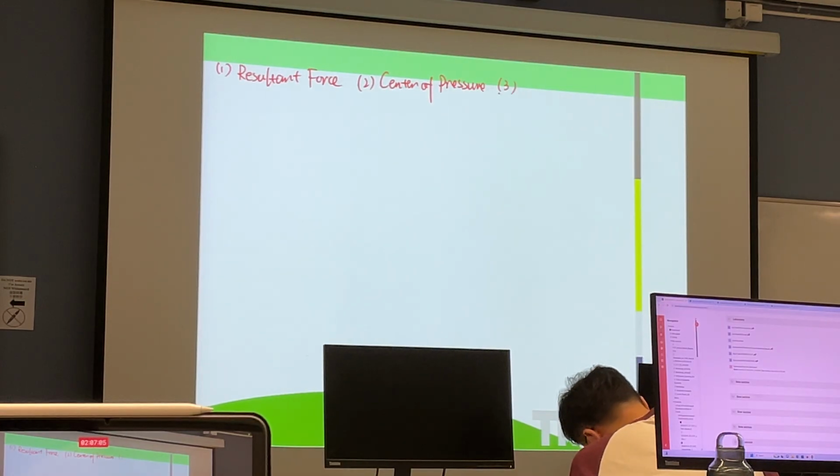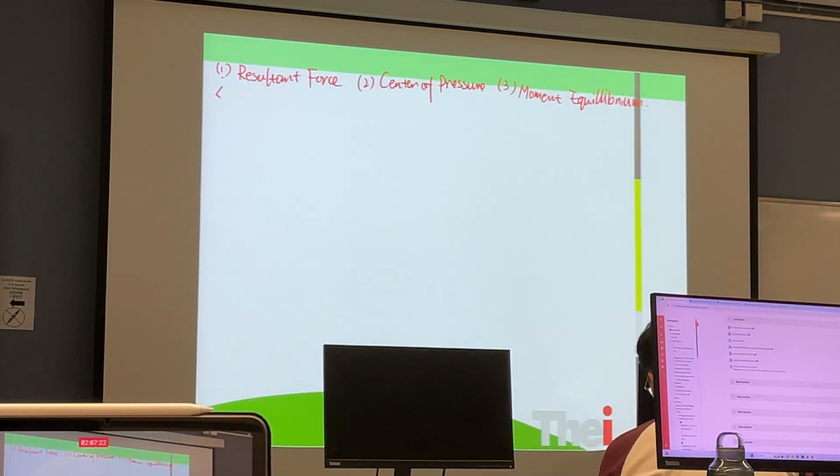The third step is to use the moment equilibrium to find the unknown force. So, the very first step, the resultant force. Remember that the resultant pressure force is calculated by the average pressure on the plane times the area, equal to the centroid pressure times the area, okay?